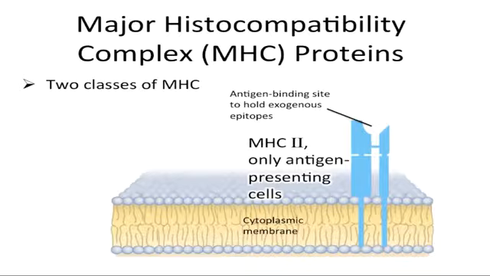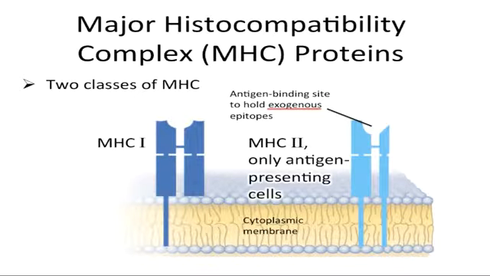Only certain cells of the immune system, called antigen-presenting cells, use MHC class II to present epitopes from exogenous antigens. Of course, these nucleated cells also have MHC-1 to present their endogenous antigens.